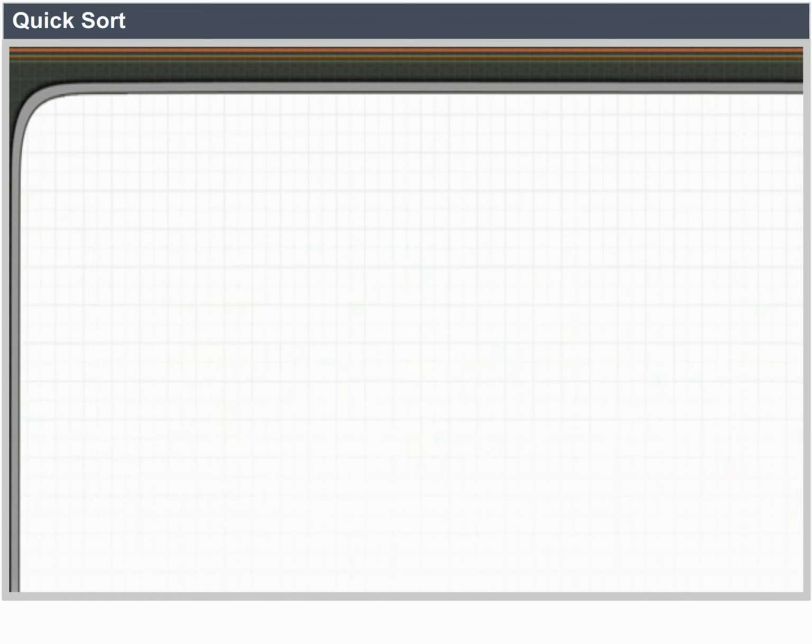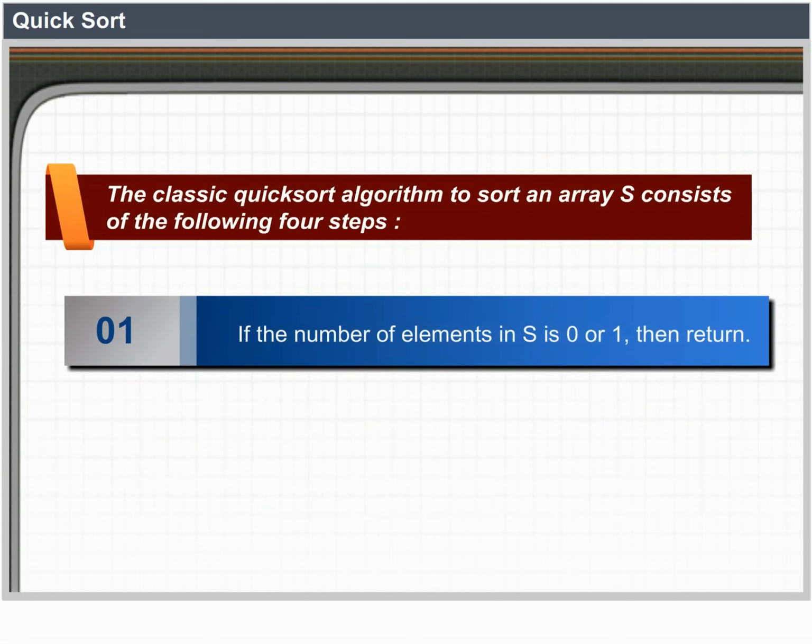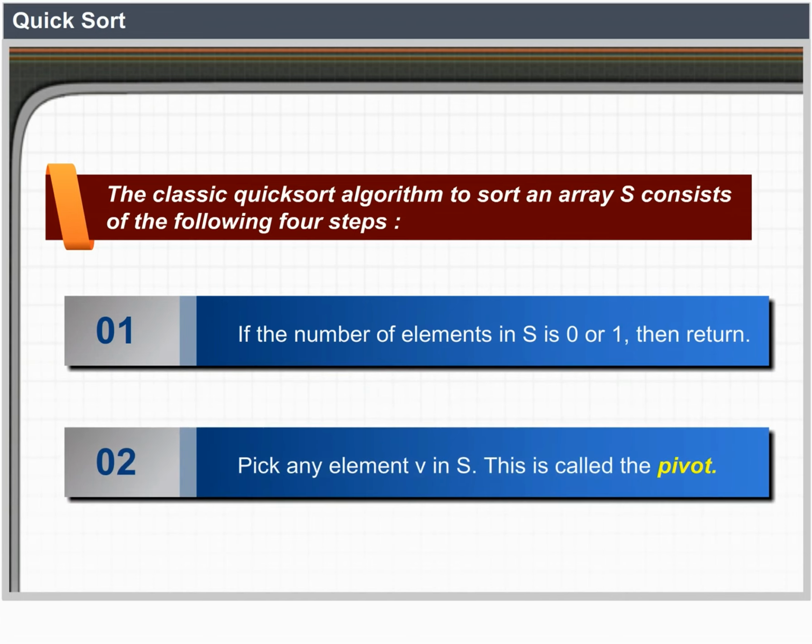The classic quicksort algorithm to sort an array S consists of the following 4 steps. Step 1. If the number of elements in S is 0 or 1, then return. Step 2. Pick any element V in S. This is called the pivot. Step 3.